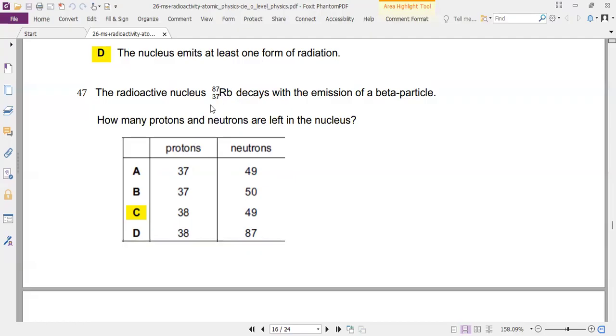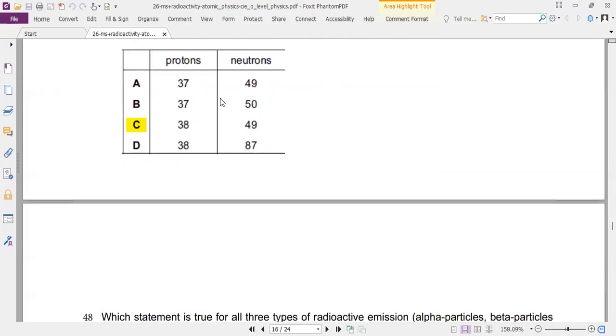Why 38? Because of the beta decay, 37 becomes 38. And neutrons are calculated by subtracting the proton number from the mass number, i.e., the nucleon number.